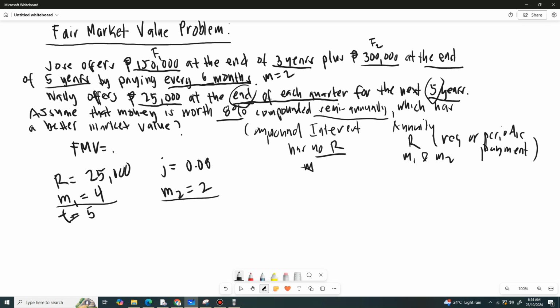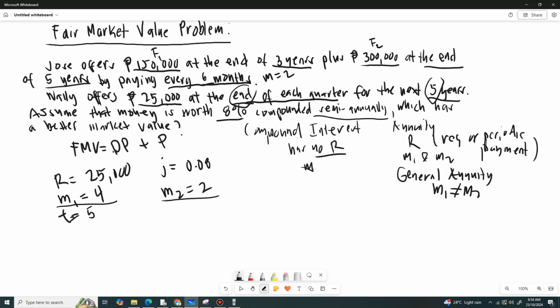So, since M1 is not equal to M2, this is a general annuity problem. So, we are using general annuity formulas. First, we solve for the present value, because our fair market value is the down payment plus the present value.